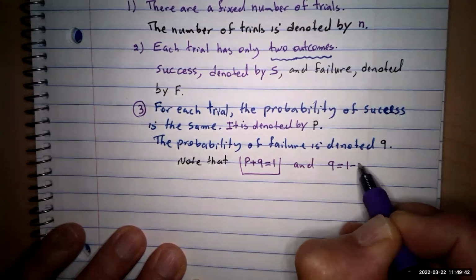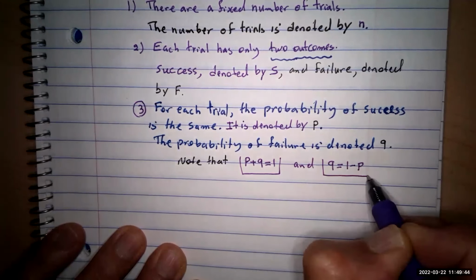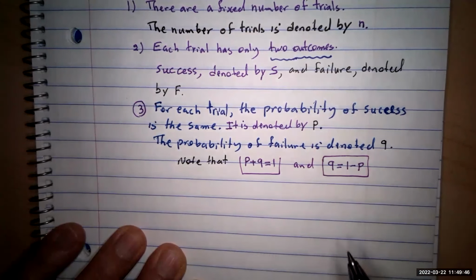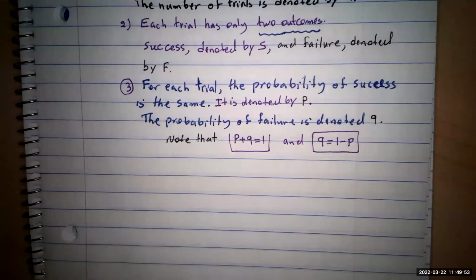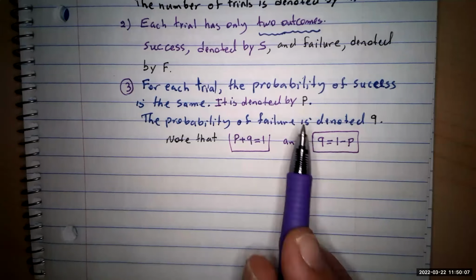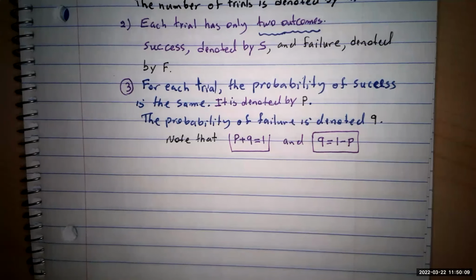Most of the time, p would be given to you, and if you want to find q, you use this formula. In case of tossing a coin, the probability of getting a success is 1/2, and the probability of getting a failure is 1/2 too. In all the other cases, as you read the problem, as soon as you identify your success, you must look for the p, the probability of success.